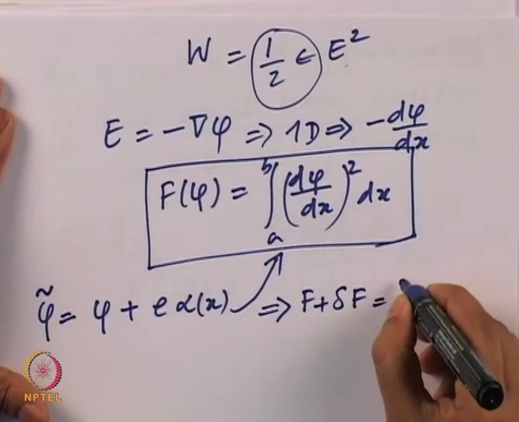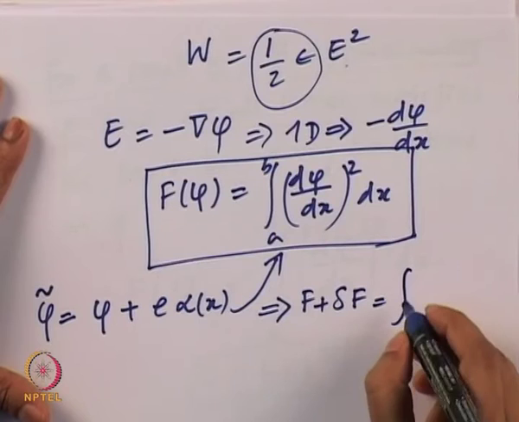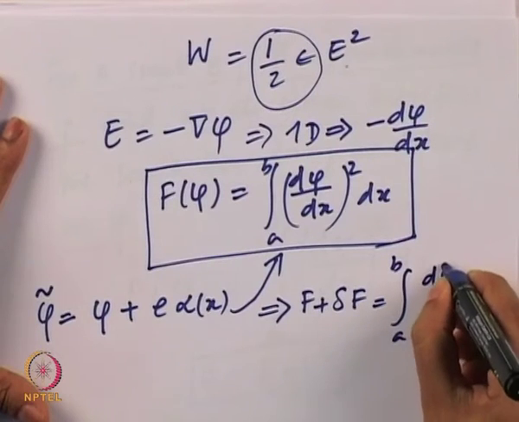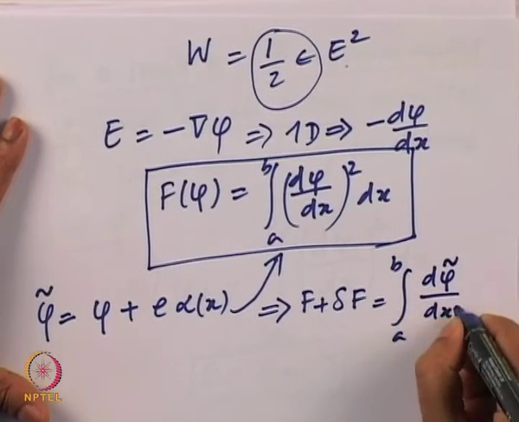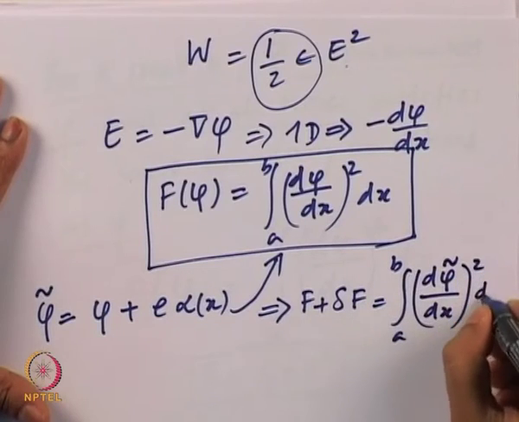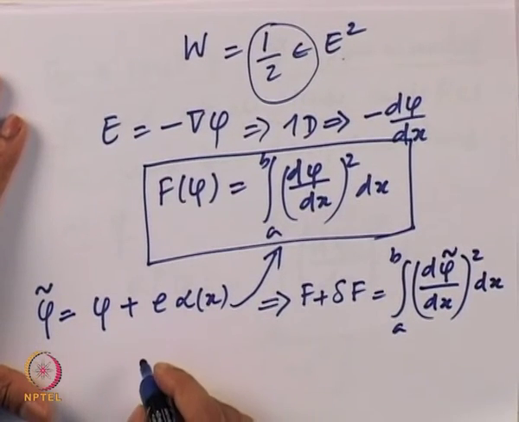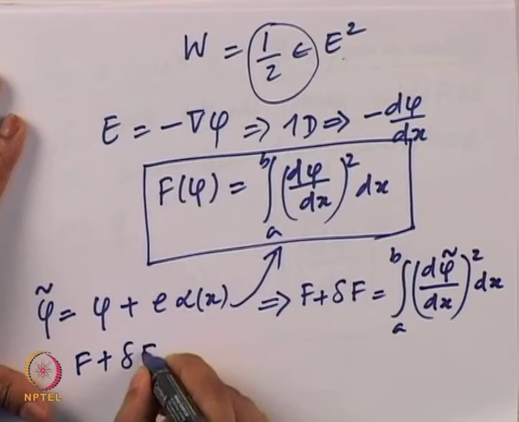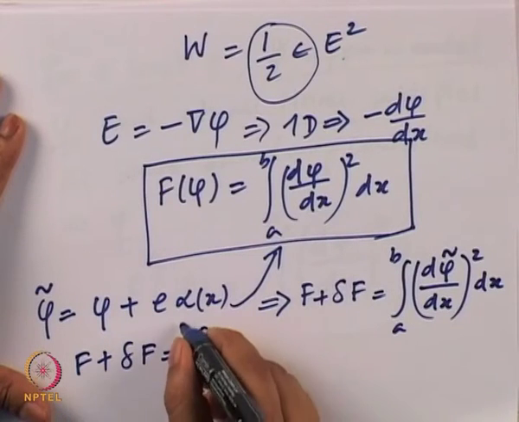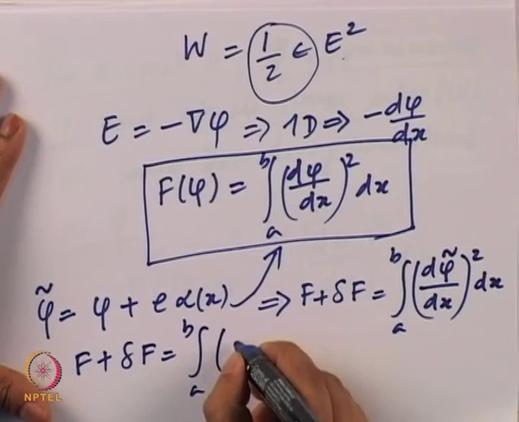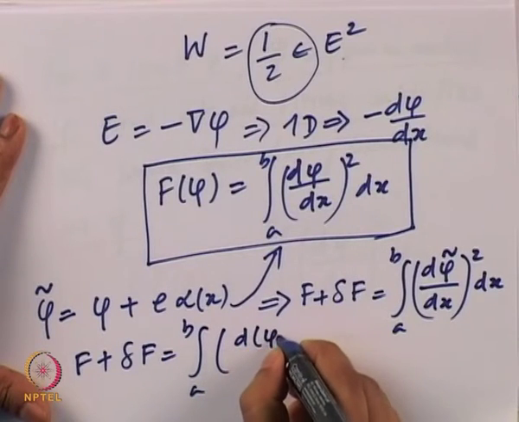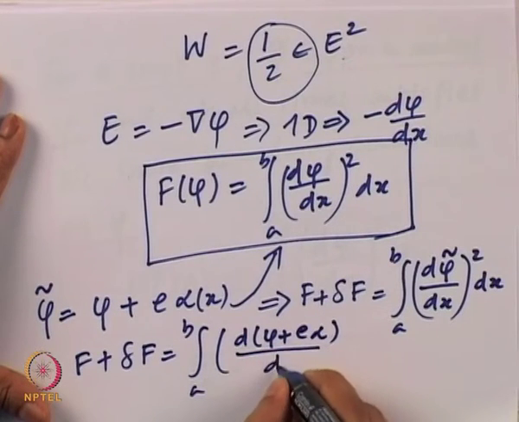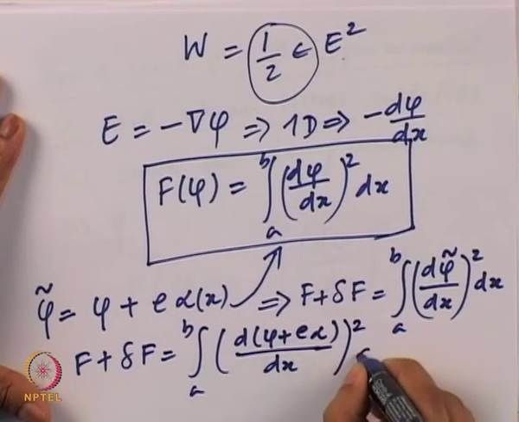So that is equal to the integral of A to B of d phi tilde divided by dx the whole square dx. So I can expand this further using this value. So f plus del f is equal to integral A to B of d of phi plus E alpha divided by dx the whole square dx.